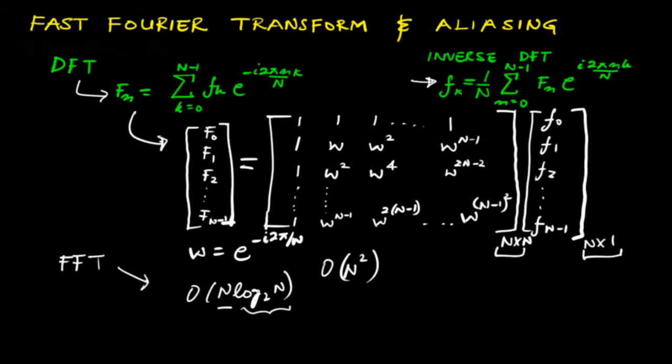FFT is simply an algorithm to compute the DFT, and this algorithm was developed in 1965 by James Cooley and John Tukey, although a similar algorithm was known to Gauss in the 1800s. Clearly, looking at the number of operations that FFT requires, FFT leads to a dramatic reduction in the number of operations and a correspondingly significant speed up of computation of the DFT.